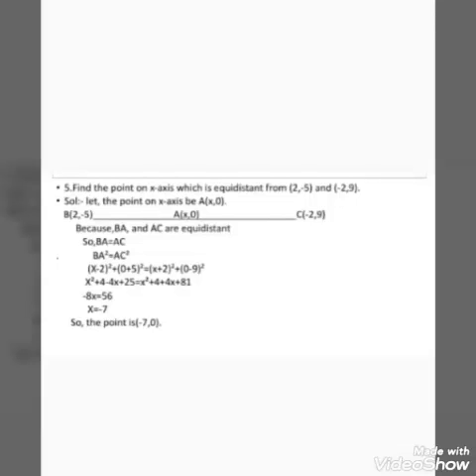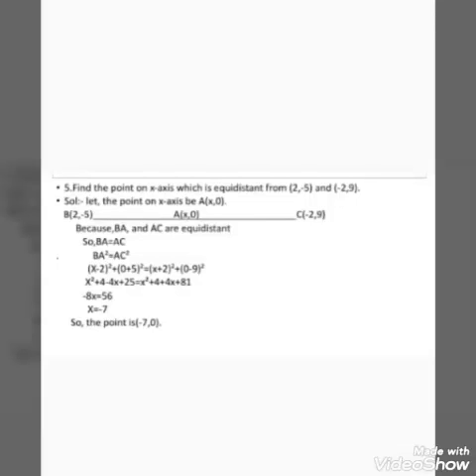So A is in the middle of the two points, then it will be equidistant from B and C. Because A is equidistant, BA equals AC. So when BA equals AC, obviously BA square equals AC square. So what is BA square here? BA square is calculated from the distance formula, which I hope you all know.